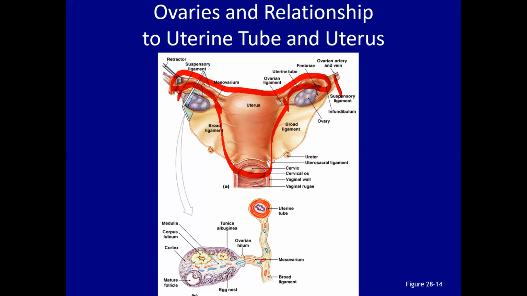So what happens to your ovaries? They are only then attached by the suspensory ligament. Well, your ovaries are tacked to your posterior or dorsal pelvic wall.